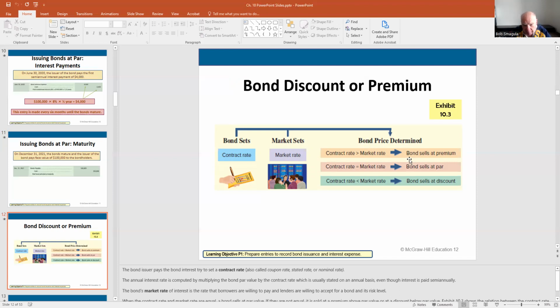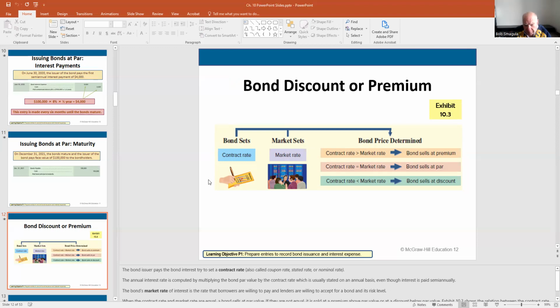Bond discount or premium. A bond has a contract rate, a stated rate. In this case, that was 8% per year. There is something, though, called the market rate. The market rate is what comparable companies are paying to borrow.